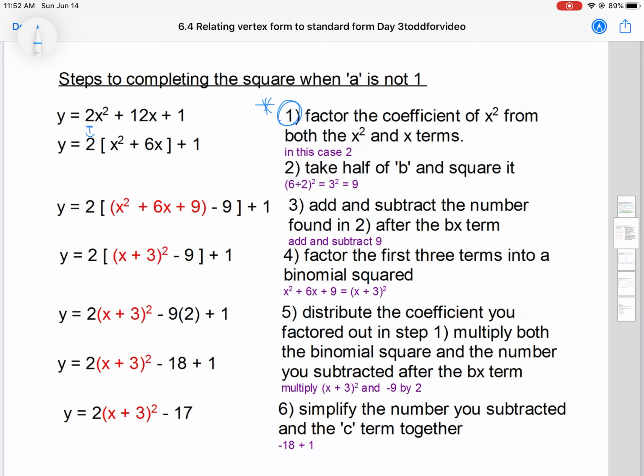So you're just common factoring it out of these 2 terms. So use the coefficient in front of the x squared term and use the x squared and the x term, not the c value.